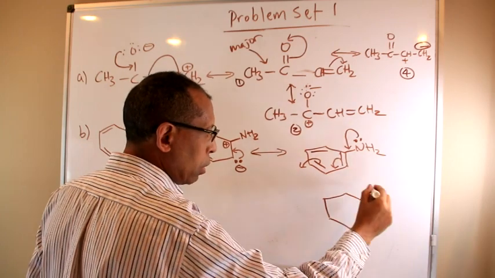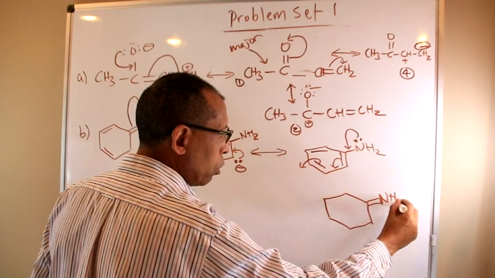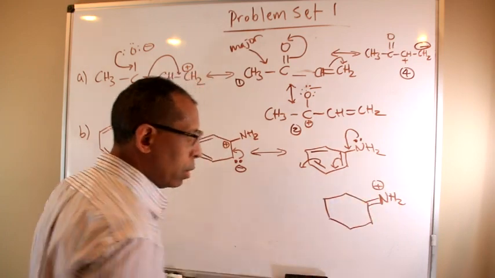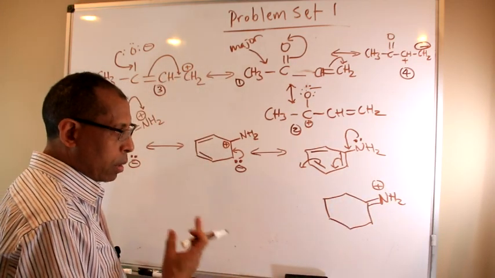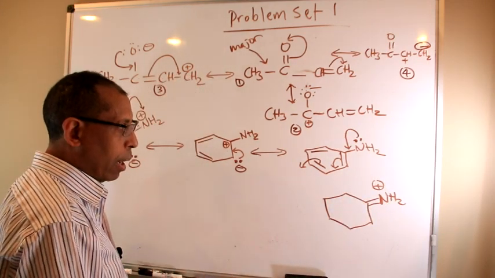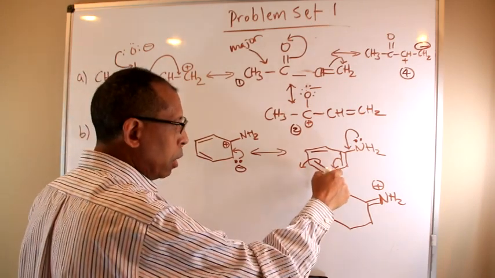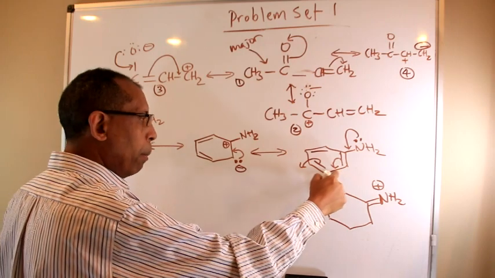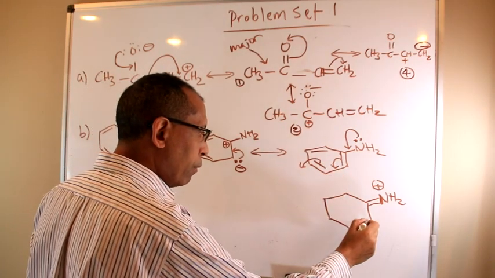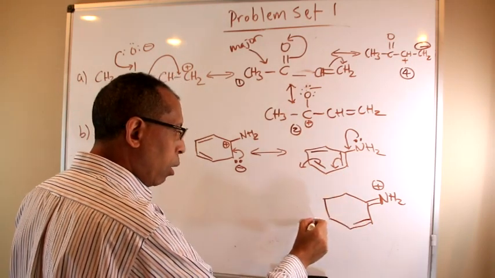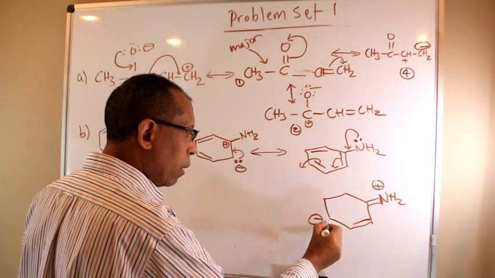since the lone pair is donated to make a bond, NH2, now you have nitrogen plus, because the lone pair that is on nitrogen is making a bond. So the double bond now is moved here, and the lone pair of electrons is on this.